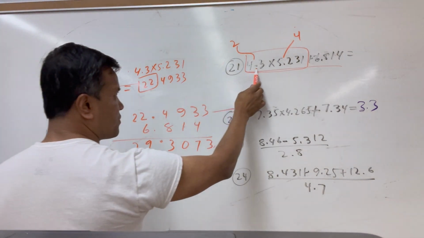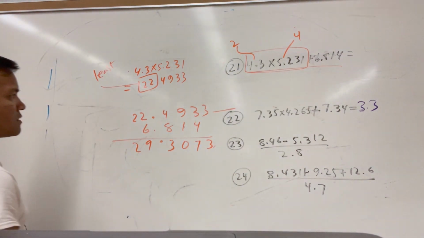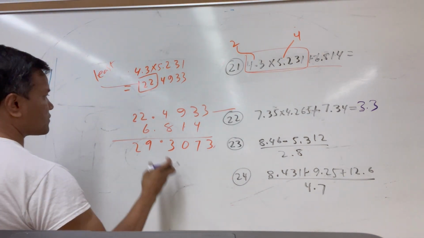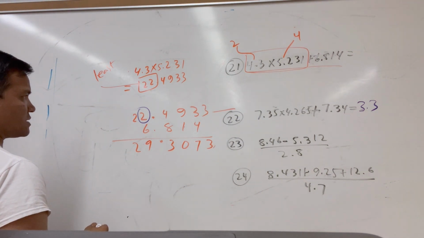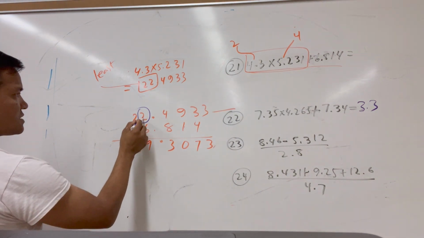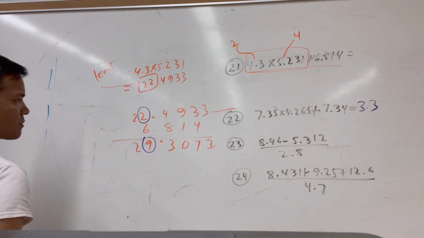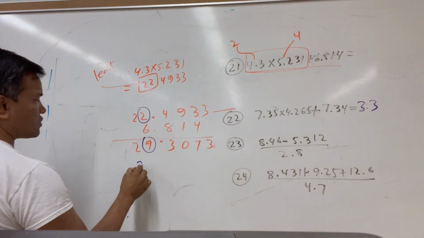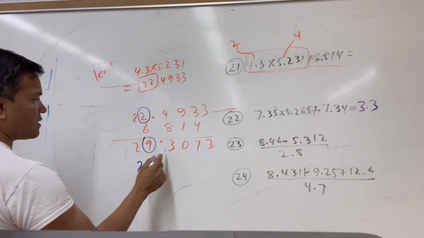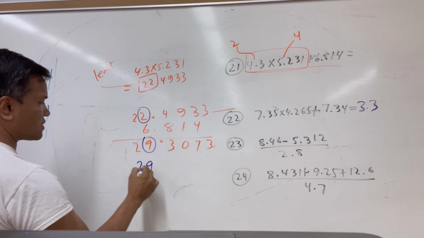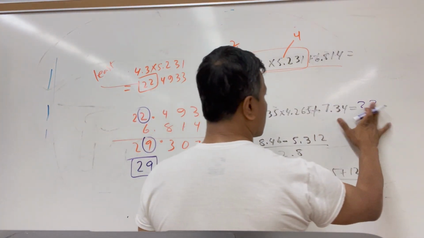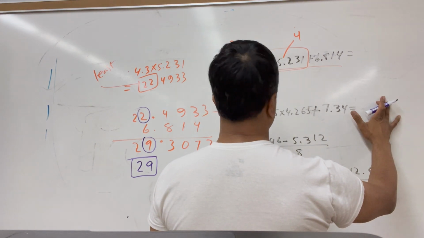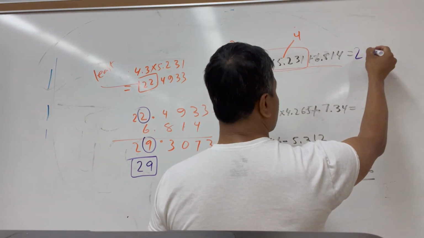Why? Because you multiply and this is the 2, so then you circle 2. All right, so then you circle the one place. Okay, so you write 2, this is your target, so 9, because this is less than 5, so 29. All right, so this is 29.